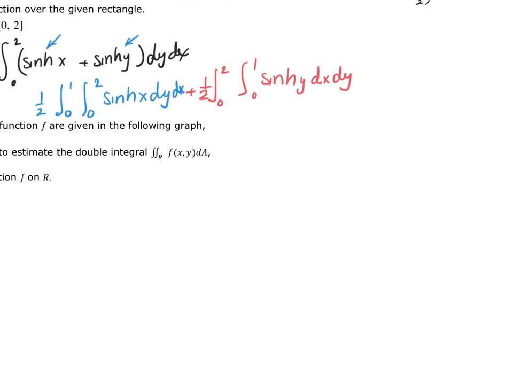So as before, because I am doing the integration with respect to y first, then I end up having 1/2 from 0 to 1 of y times the hyperbolic sine of x evaluated from 0 to 2 dx.